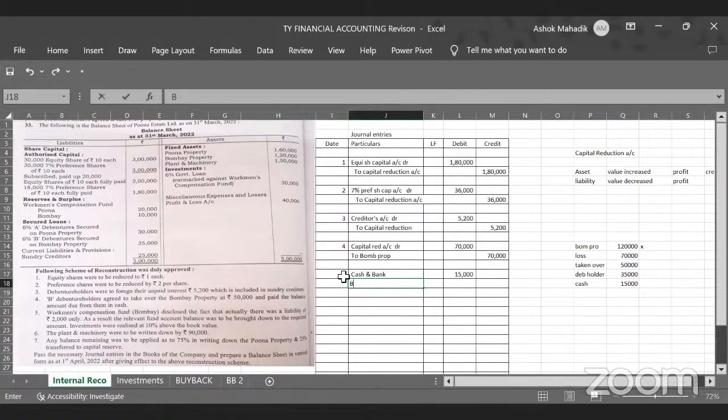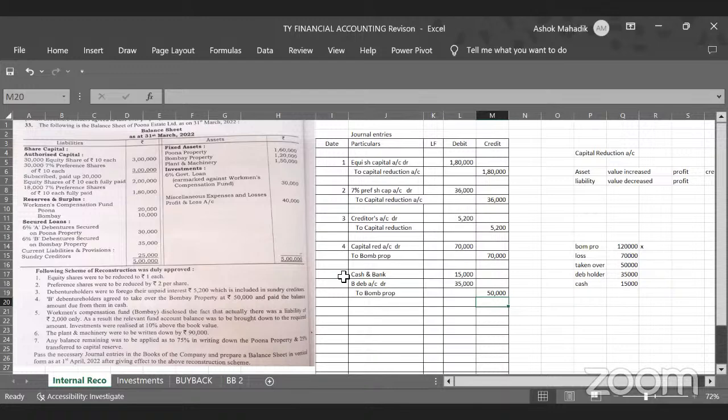B debentures account debit. Their value was 35,000. Against this, what is going out? Credit goes to Bombay property. Its value as of now is only 50,000. Clear? I hope this is clear, students. Okay, we'll move ahead.